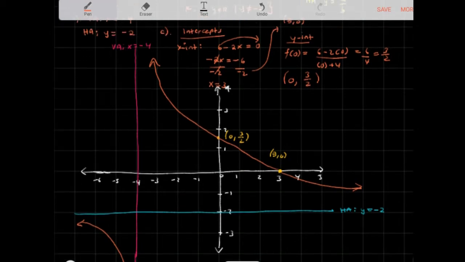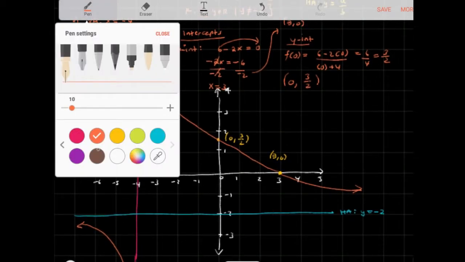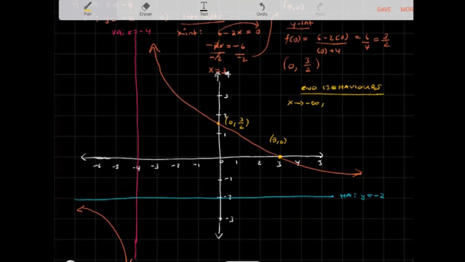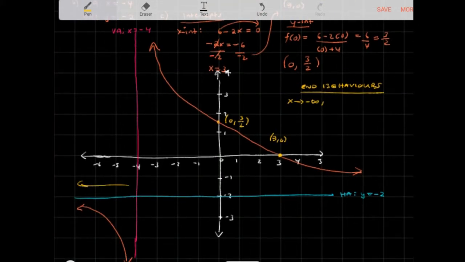The last thing we wanted to do here is check out our end behaviors. Let's start with as x approaches -infinity. As I go this way, y approaches -2 from below, right below the horizontal asymptote.